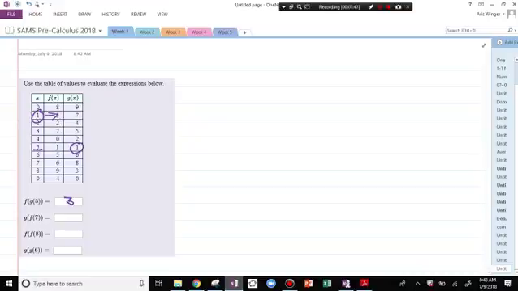F is going to take 7, make it 6, and then G takes 6 and leaves it as 6. F is going to take 8, make it 9, and then F takes 9 and makes it 4.